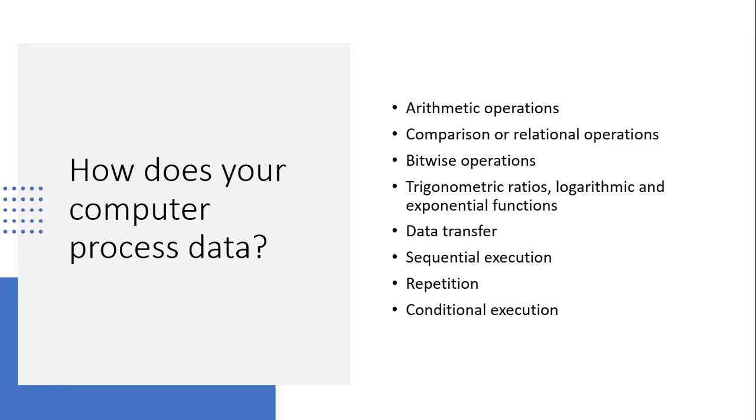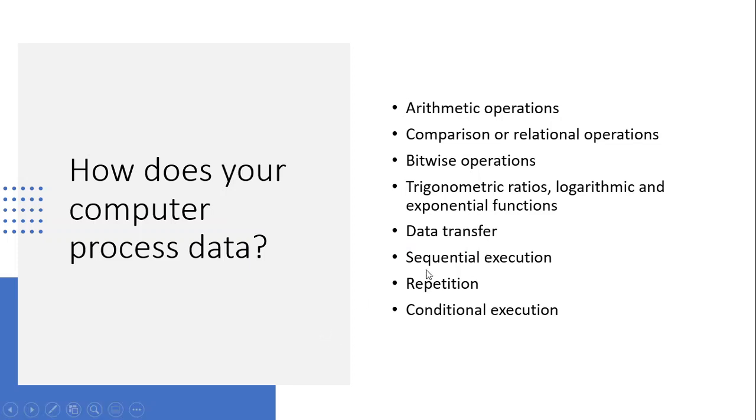You may have two numbers and we can perform bitwise operations on those two numbers. These operations are different from arithmetic operations. Similarly, computers can evaluate sine, cosine, log, exponential, all these functions. Computers can do data transfer. They can copy data from one place to another place.